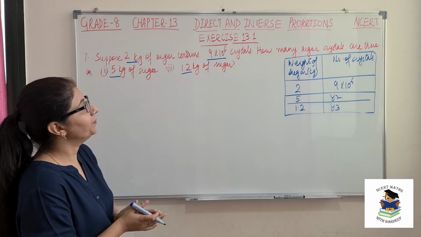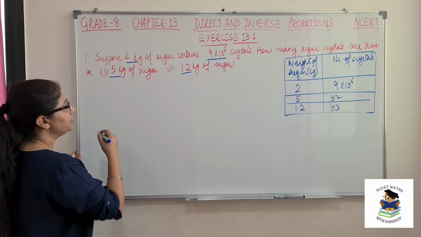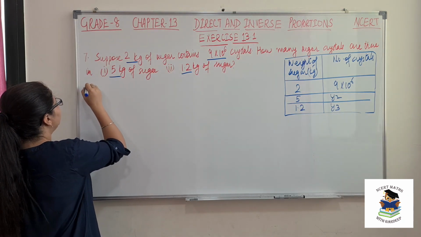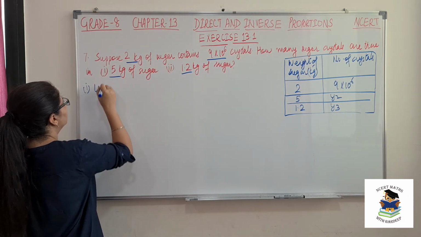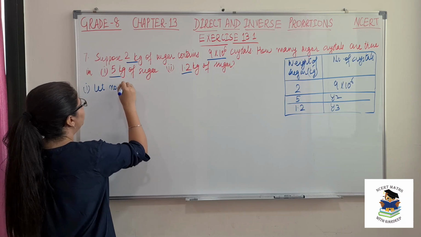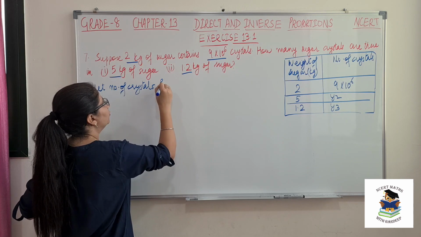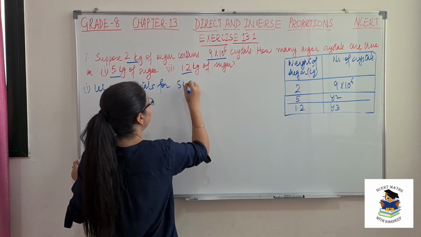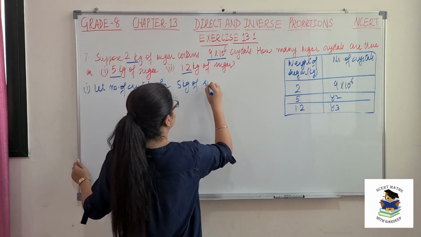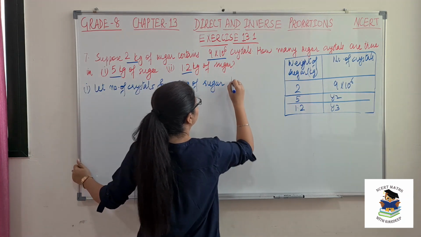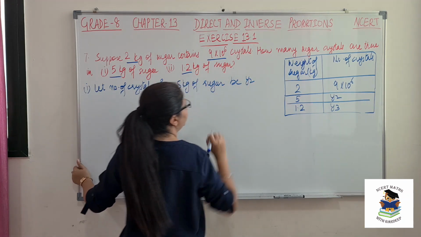So let's apply here. For 5 kg we have assumed it to be Y2. So let's write first. Let number of crystals for 5 kg of sugar be Y2.